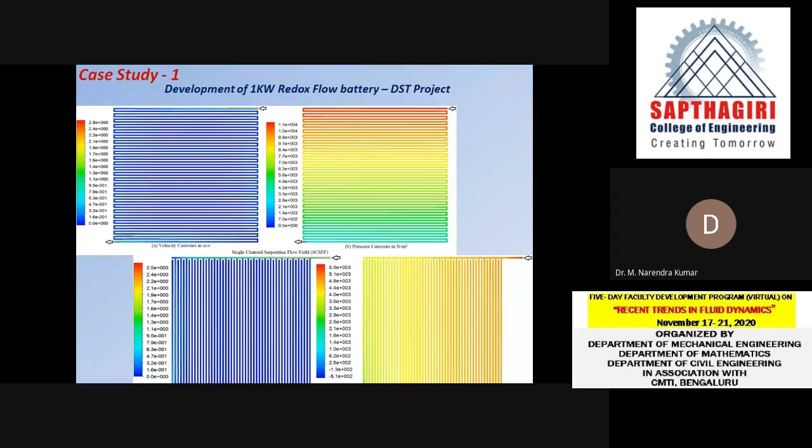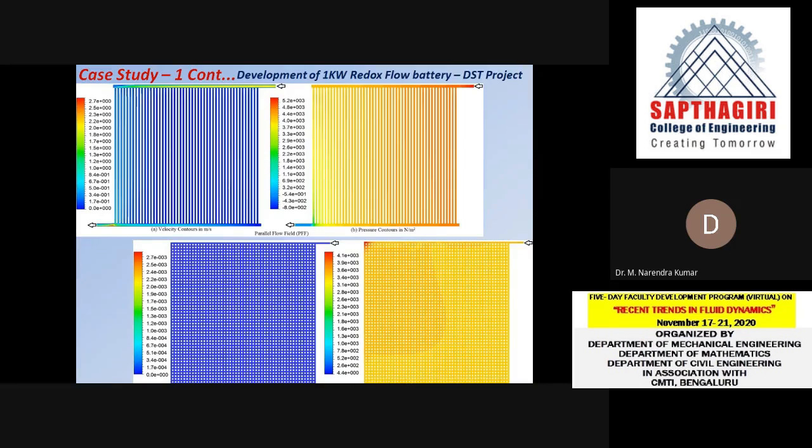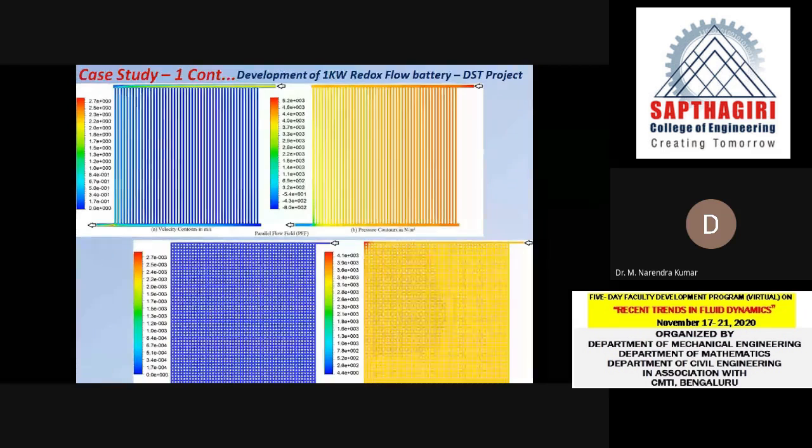You come across it for a single channel serpentine flow field, and this is the interdigitated flow field which we worked out, with its velocity contours and pressure contour. Similarly, we worked on the parallel flow field, and this is the pin type flow field.